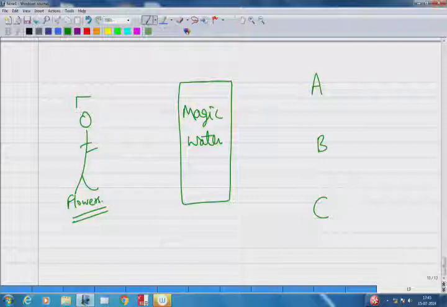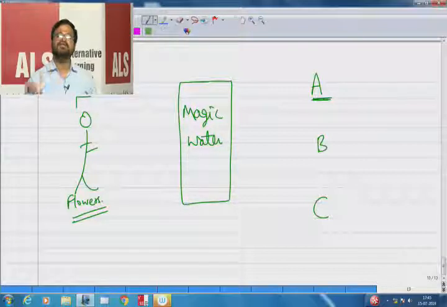So the story goes like this. He has some flowers with him initially. He washes those flowers, they get doubled, and out of those flowers he gives some to house A. He can give 1 flower, he can give 2 flowers, that depends on him.